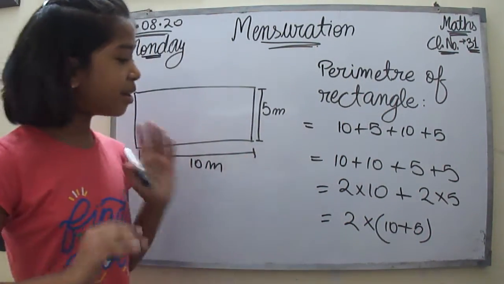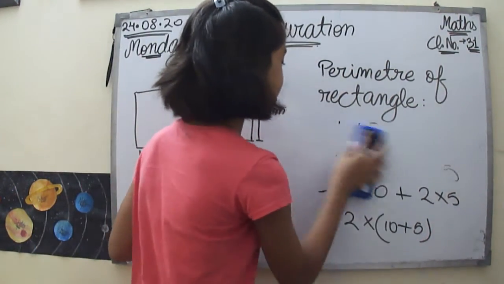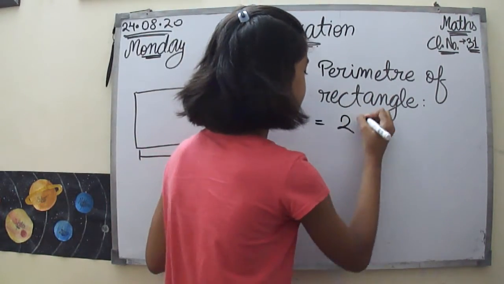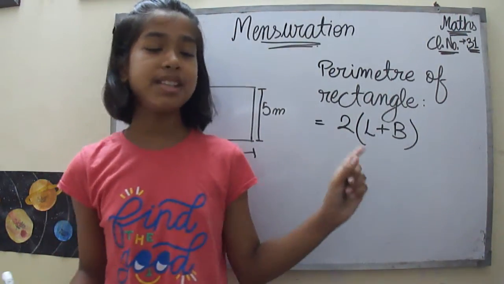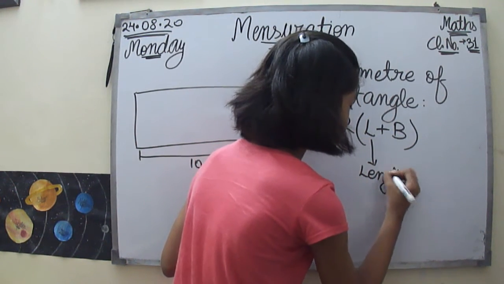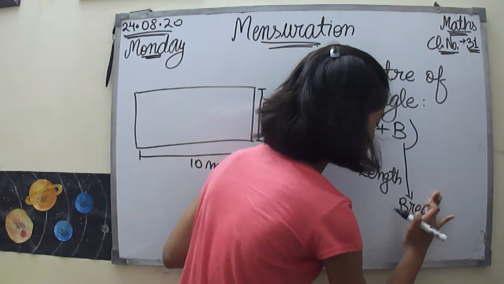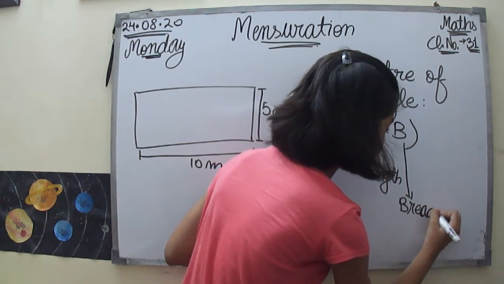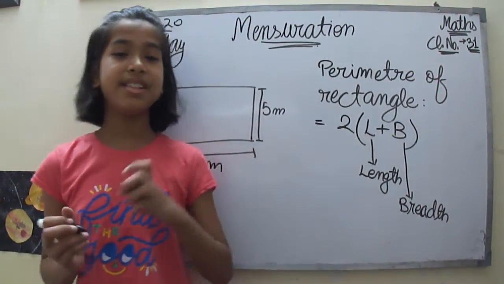The formula of the perimeter of a rectangle is 2 bracket L plus B, in which L represents the length and B represents the breadth.